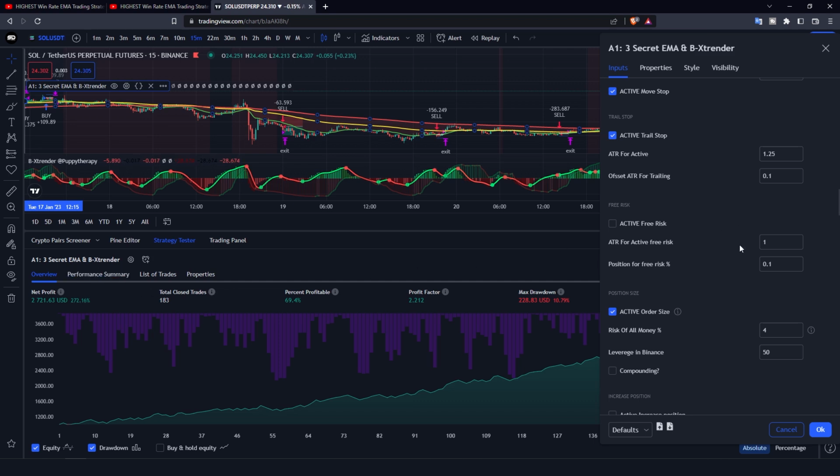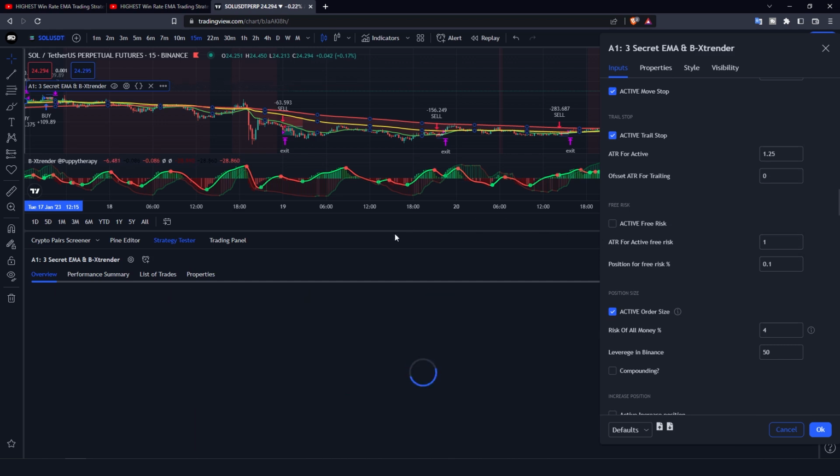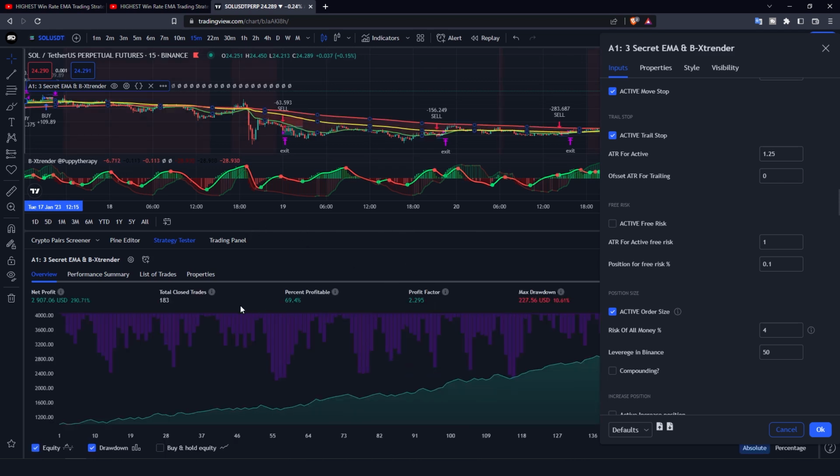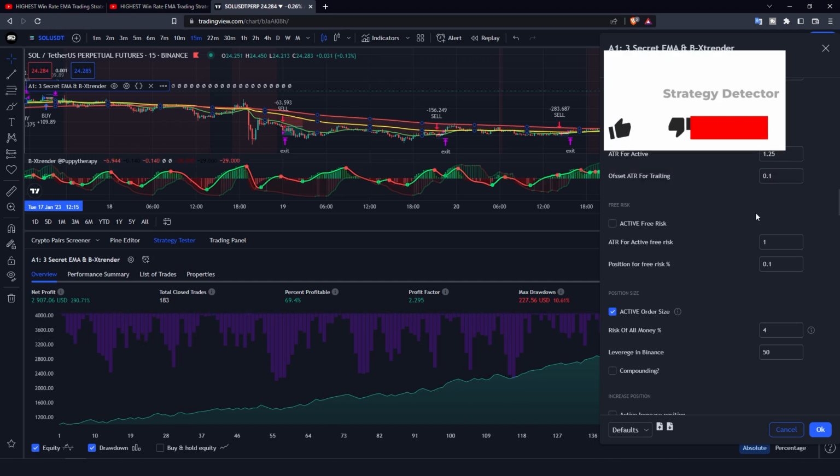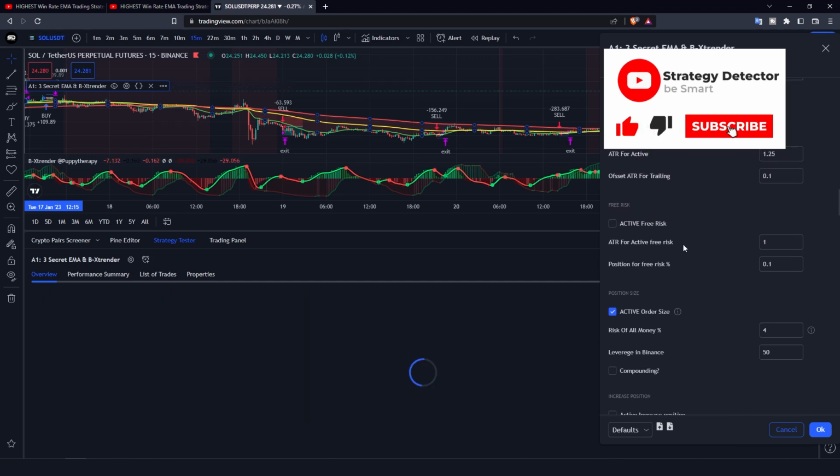That's excellent, and you can gain more profit on this position, or you can reduce the offset and see what happens. It is still increasing the profit and reduces the drawdown to 10%.